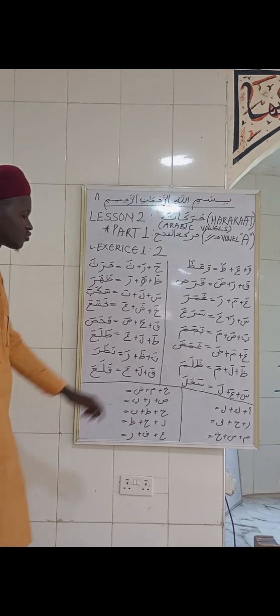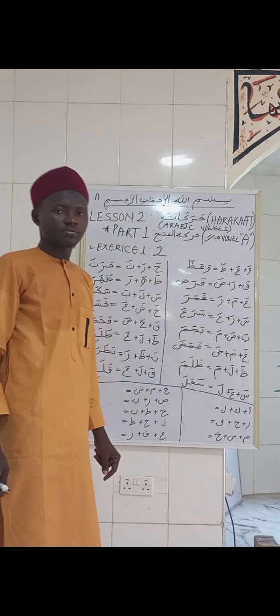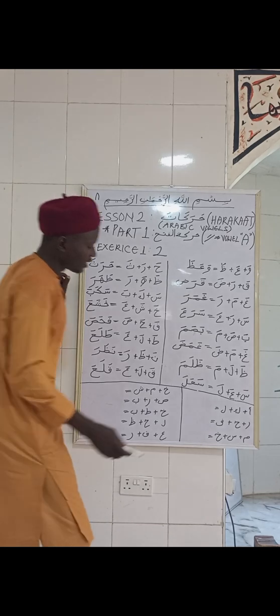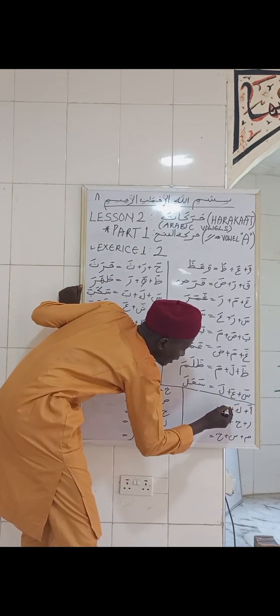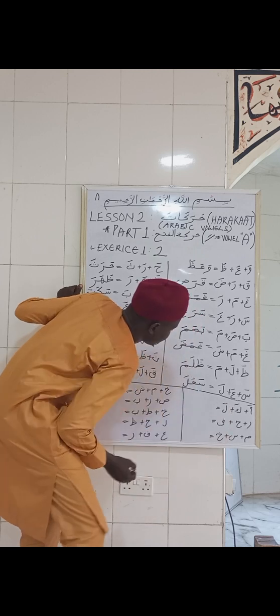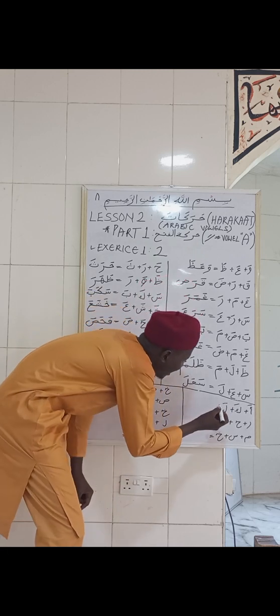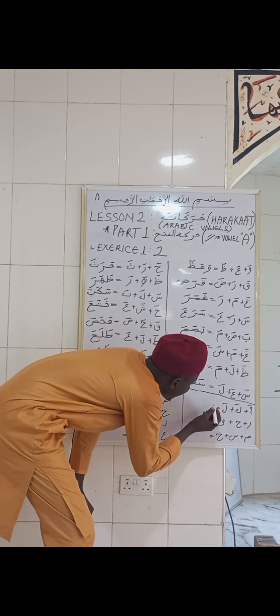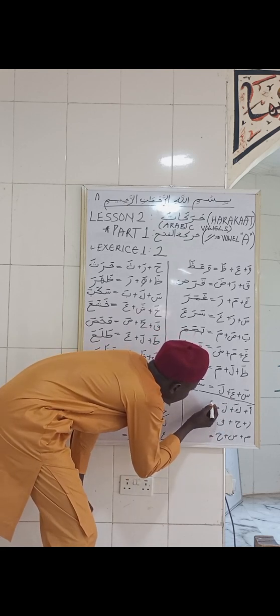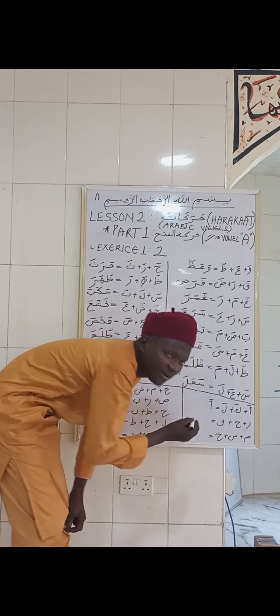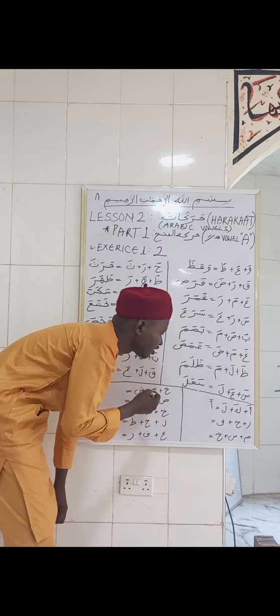If you go to the third column, the first one here is what? Akala. If you want to join akala, is what? Alif, hamza cannot be joined with another letter.